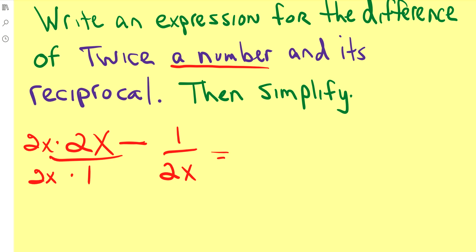Okay, let's see what we've got. I've got a denominator of 2x, and then my numerator looks like it's going to be 4x squared minus 1. This looks like a difference of 2 squares, but will that help me at all?